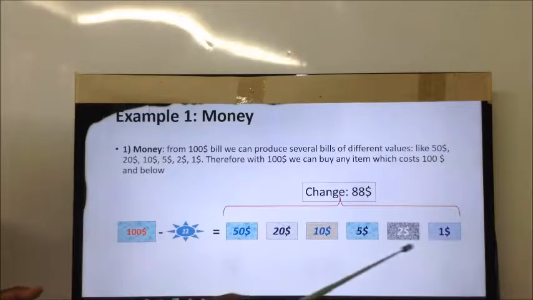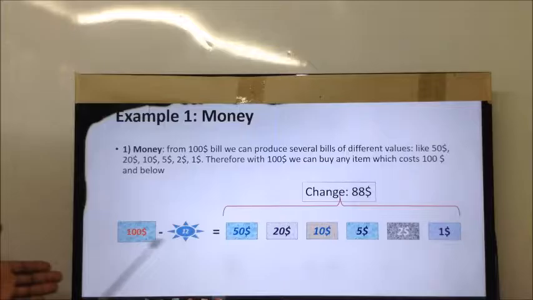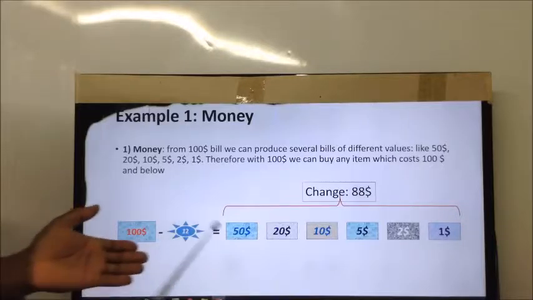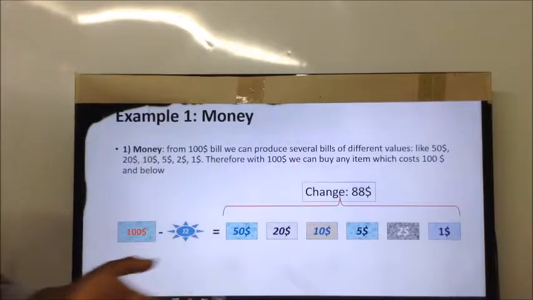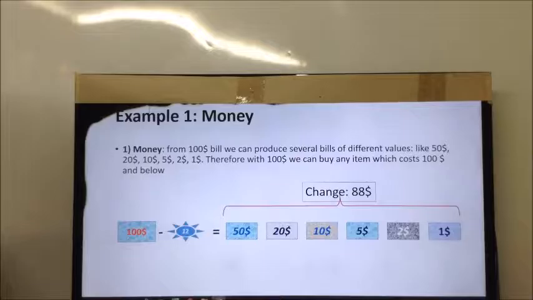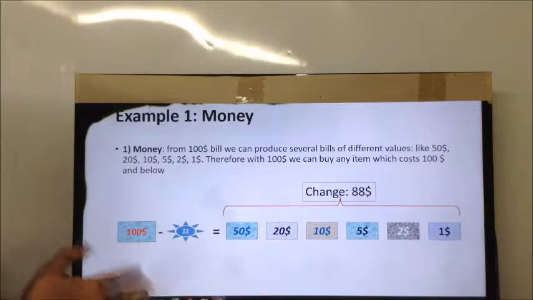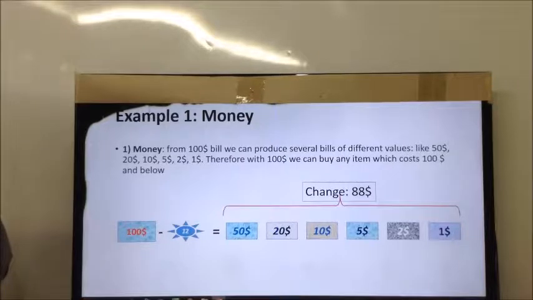All this, as you see, comes from just this one bill of 100. So 100 can produce as many bills as possible. If you change this money into bills of $1 each, then you will have a long line of bills of dollars.